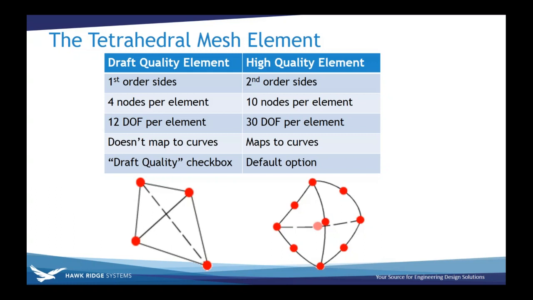I would not take the results from a draft quality element and show them to anyone. Okay, but some great studies out there show that in the majority of situations, that high quality second order tetrahedron is going to give you a result within an acceptable accuracy the vast majority of the time. And that's really why we picked it as our core element in SOLIDWORKS Simulation.